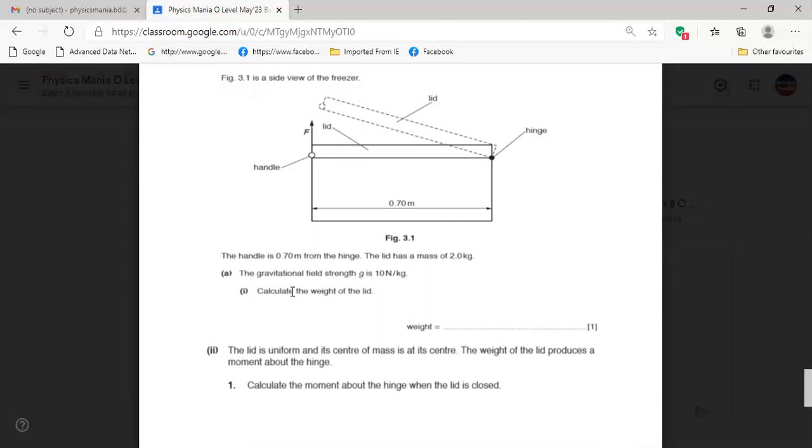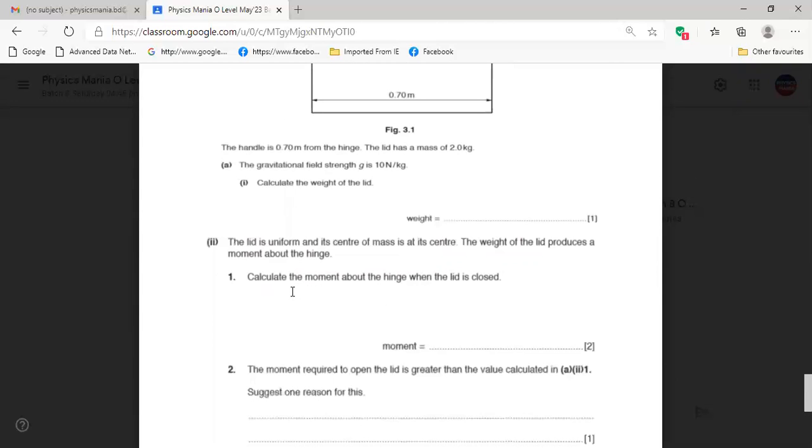The hinge is a pivot. So how will you calculate it? Are you using a second laptop? Yes, sir. Please annotate. How will you do it? Write the formula.